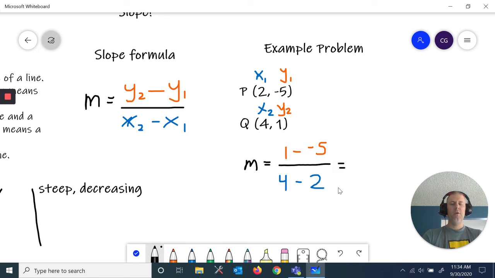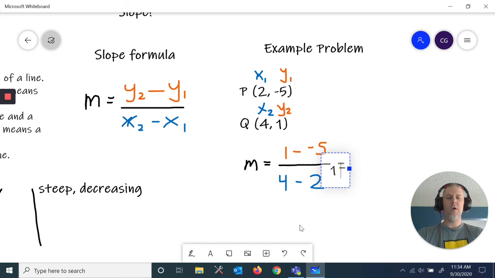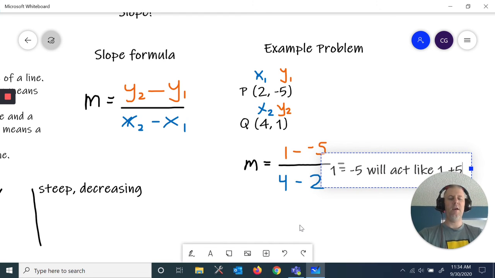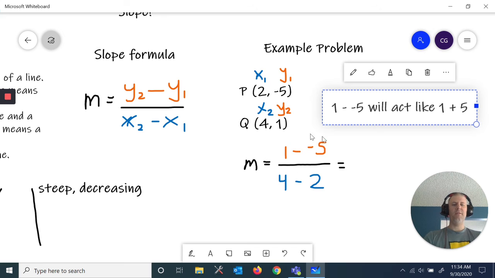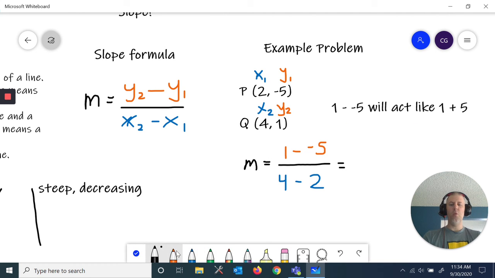Okay, so now we have 1 minus -5. Subtracting a negative, 1 minus negative 5, will act like 1 plus 5. Remembering that is important. So this acts like 1 plus 5, which is positive 6, and we know that 4 minus 2 is positive 2.